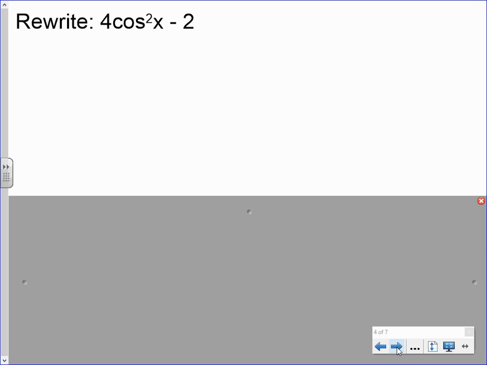Any ideas on where to start? Amber, do you have an idea? Can you take out a 2? All right, we can factor out a 2. Factoring never hurts. Inside is 2 cosine squared x minus 1. Do you see that anywhere written on your paper? In your notes? Yes. Grace W., where do you see it written?